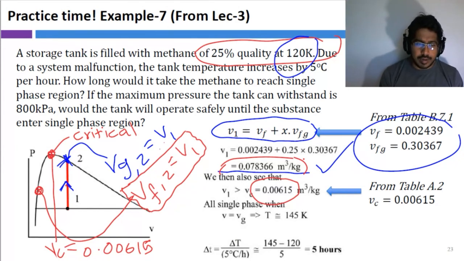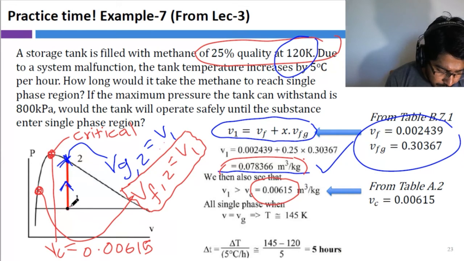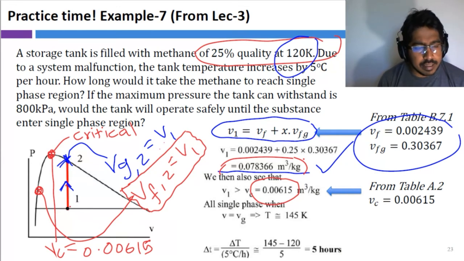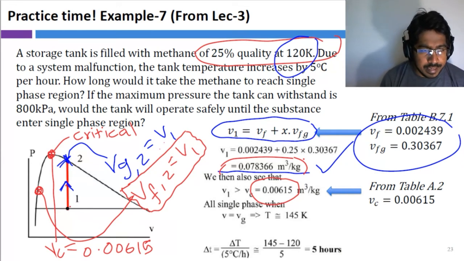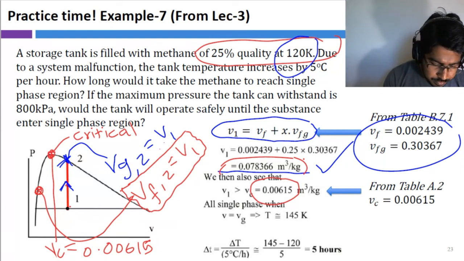It falls to the right, because the specific volume is on the x-axis, and 0.078 is higher than 0.00615. Therefore, we can see that what we have drawn here, the process, is correct. And we don't have to worry about meeting the saturated liquid line in this case.